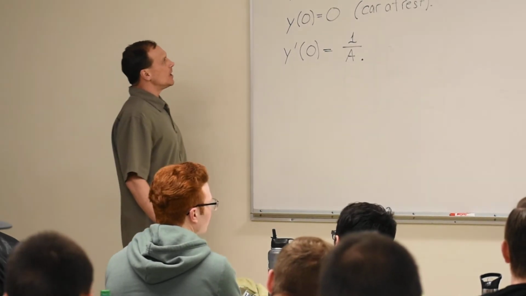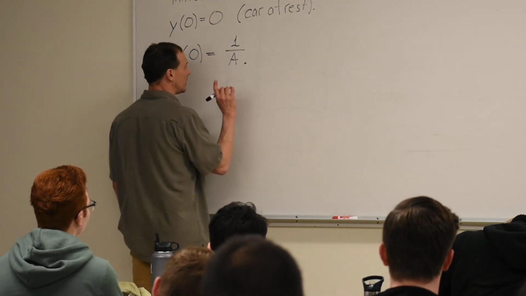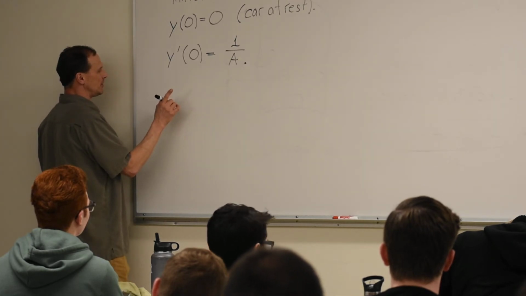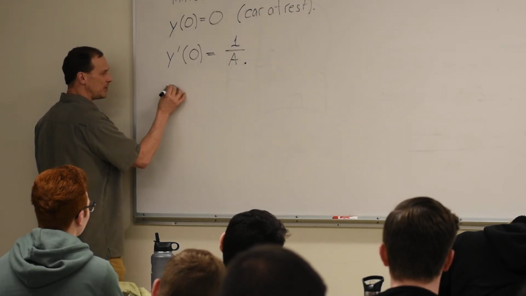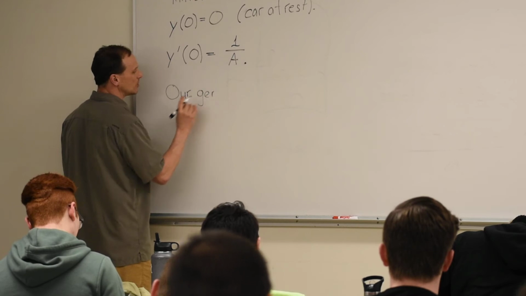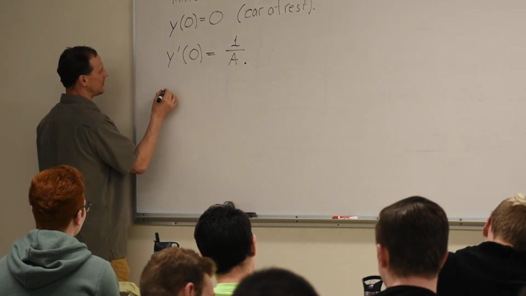So there's our initial conditions, and then what we want to do is this. Our general solution, so this is what we do know. We know our general null solution.